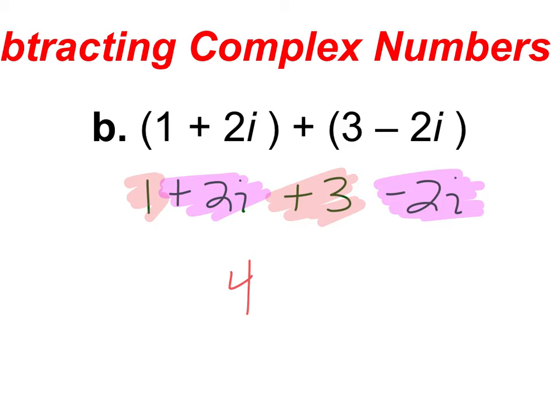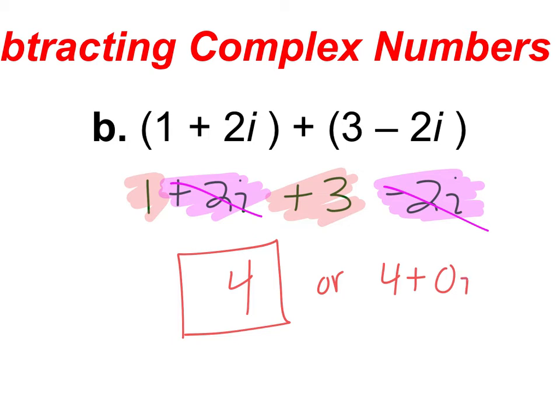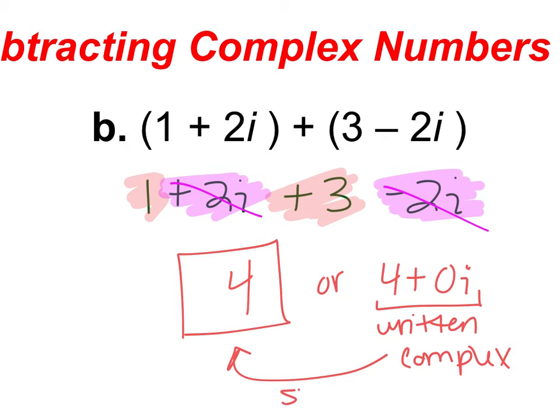So those add up to 0, but this 4 is still considered a complex number because it's equal to 4 plus 0i, right? I could write it like this. This is written like a complex number. But this 4 is the simplified, and we always want a simplified answer.